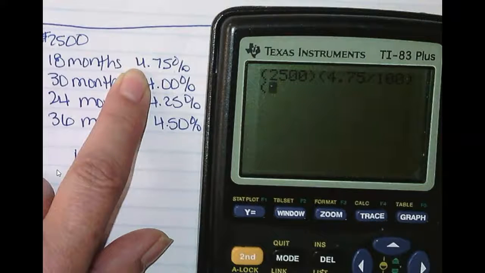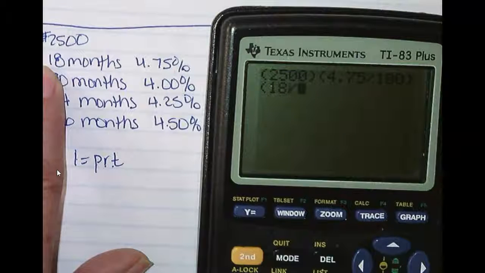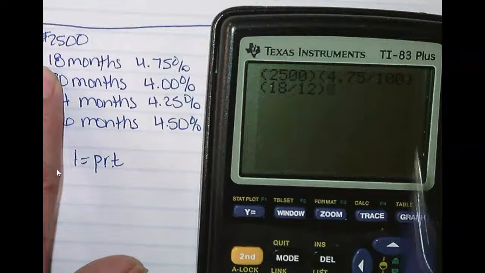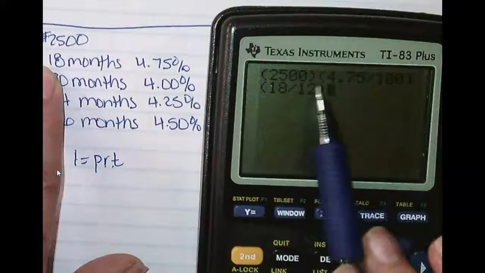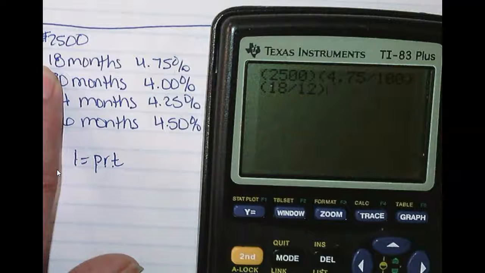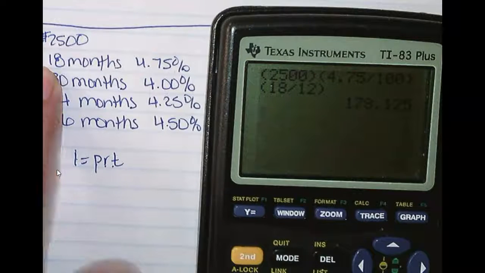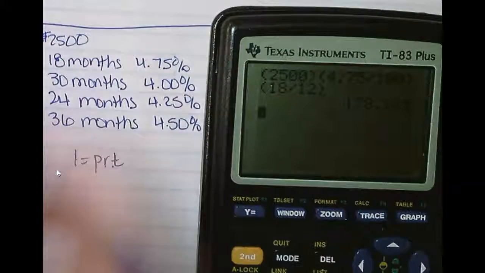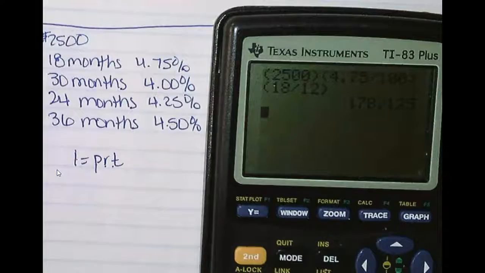And then, how long are you leaving it there? 18. What's 18 divided by 12? Let's calibrate the years. So I divided by 100 because it's percent. I could have written 0.0475 myself. I divided by 12 because there's 12 months in a year. Push enter. It's 178.13 cents. Remember, I'm looking for the cheapest.